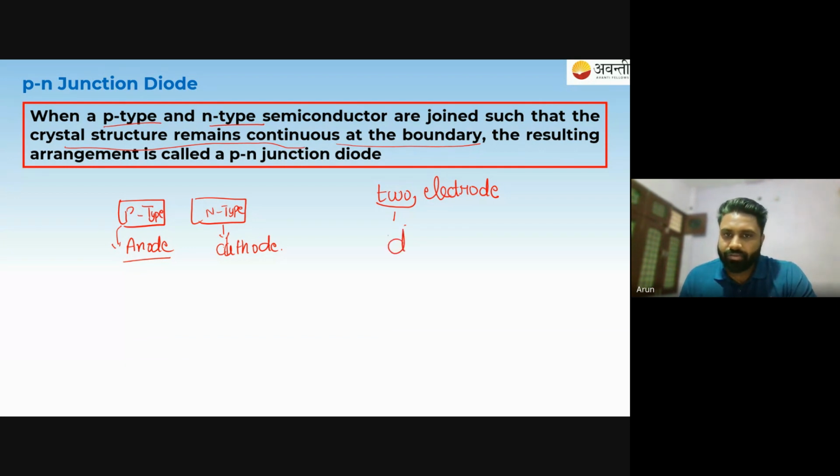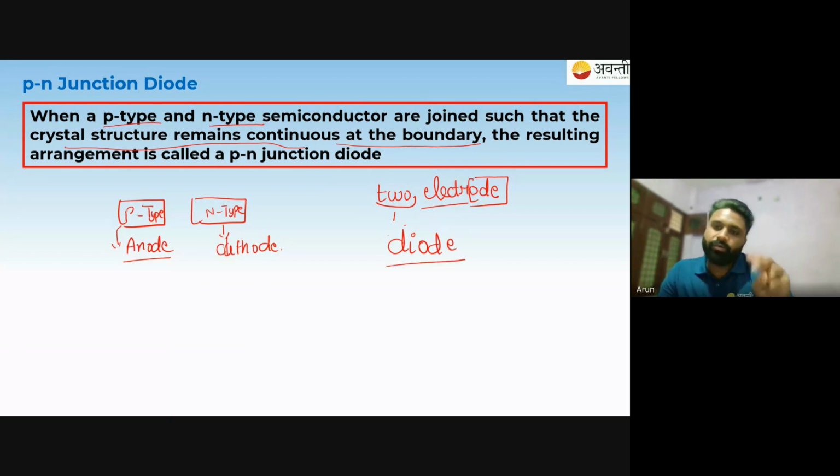Di means two, and we have taken this ODE term from electrode. So diode means we have two electrodes in this combination. That is why it is termed as diode. Now you understand better why we are using this term.